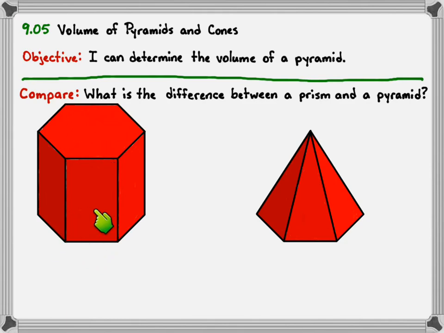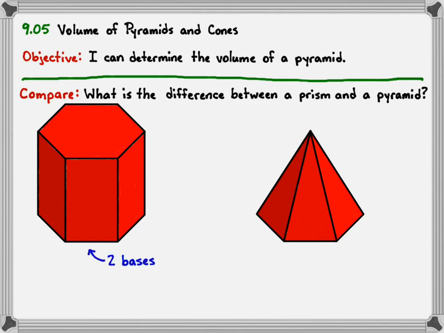So you can see that the bottom here is a hexagon. I know it's kind of hard to see because you can't see behind, but the bottom is a hexagon and the top is a hexagon, and they are congruent and parallel to each other, so it's a prism. This over here is a pyramid because the base shape is a hexagon and coming up out of it are a bunch of triangles.